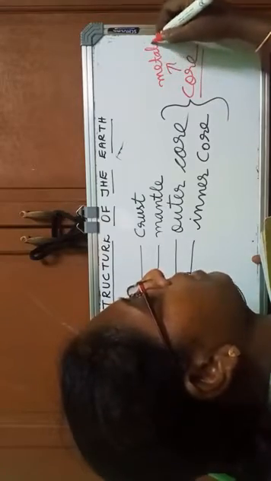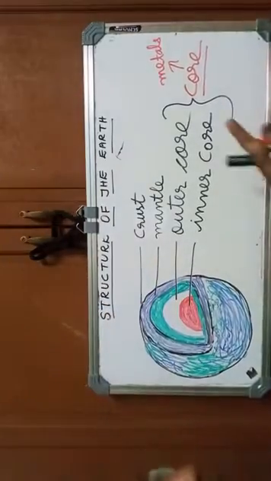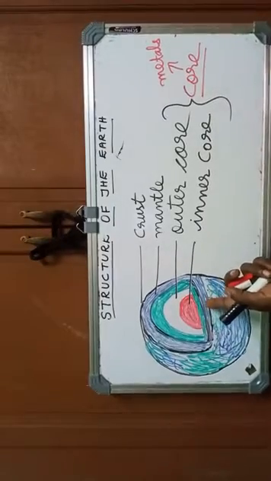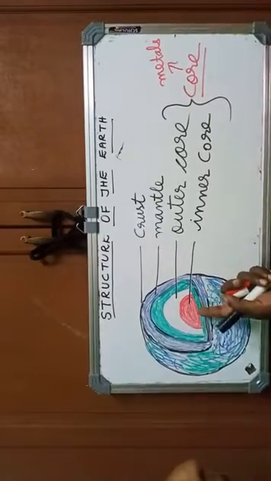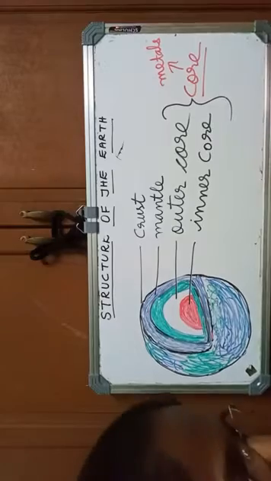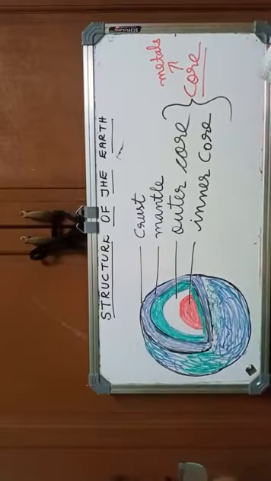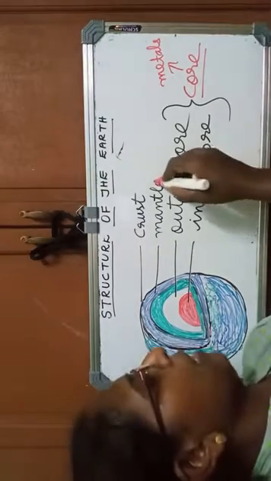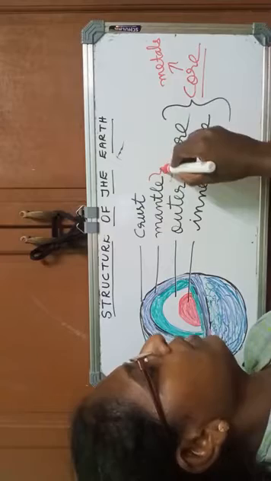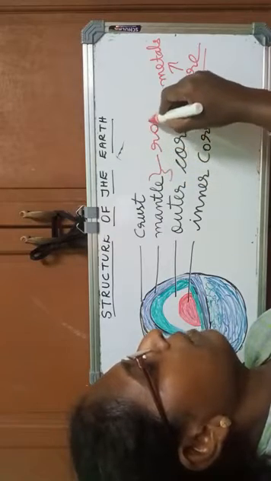Core is made of metals, like the egg's yolk. Then it is surrounded by an egg white of soft rocks called mantle. What is the mantle made of?